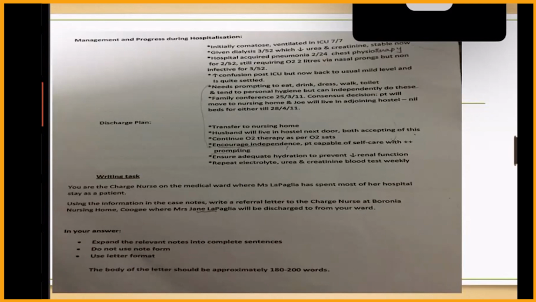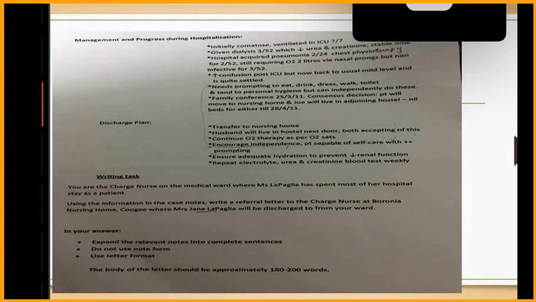And he still requires oxygen, which is also important. Still requires oxygen, meaning that along with chest physiotherapy he was given oxygen initially, which is to continue. That goes without saying. I think we need to put even this, not infective as well.